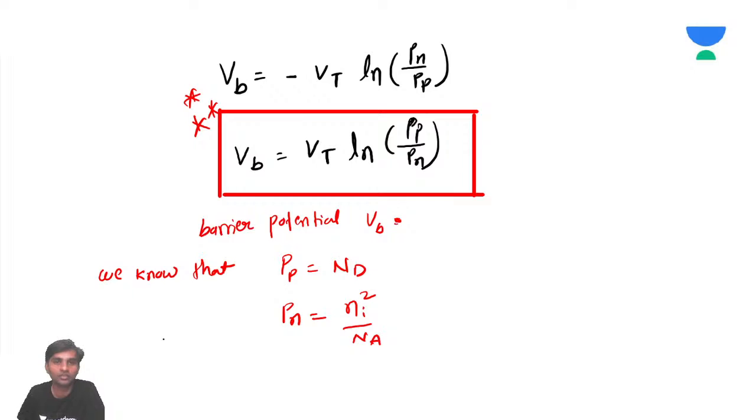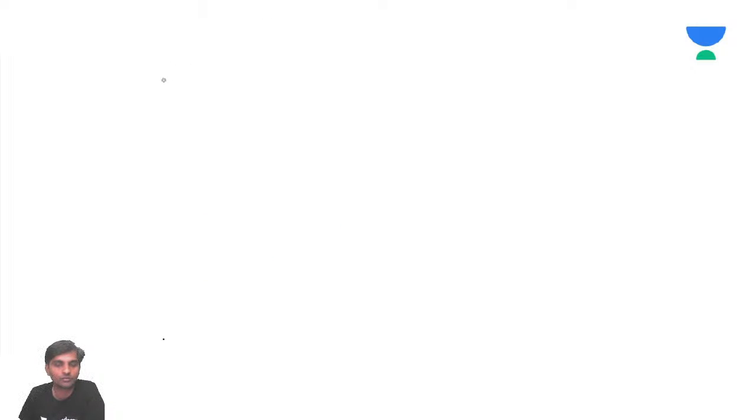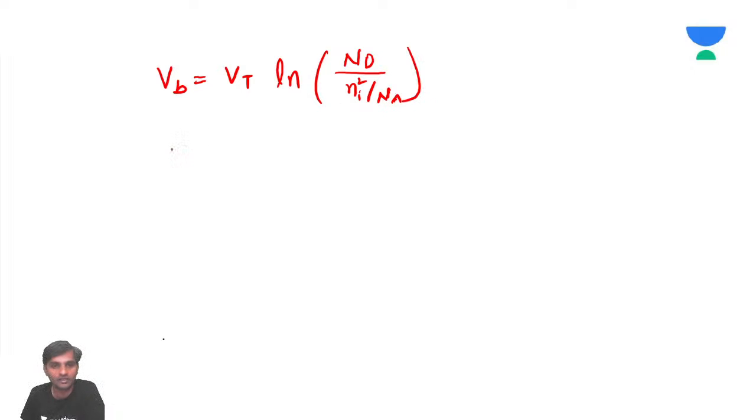So now if you substitute both of them here, the barrier potential Vb is equal to Vt into natural logarithm of ND into NA by ni square.